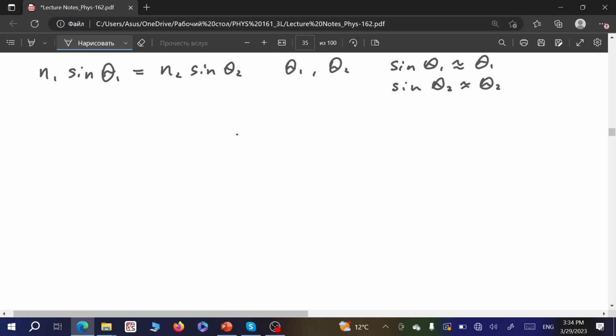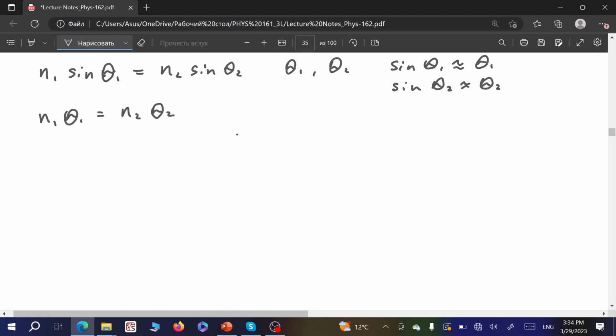So we can rewrite this in the following way: n1 times θ1 should be equal to n2 times θ2. So that's a simplified case when we consider a small incident angle.